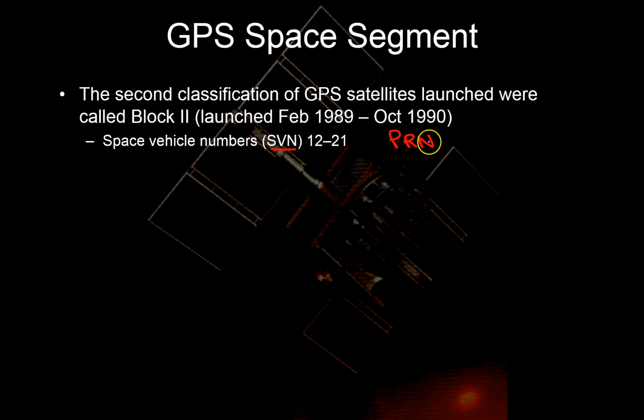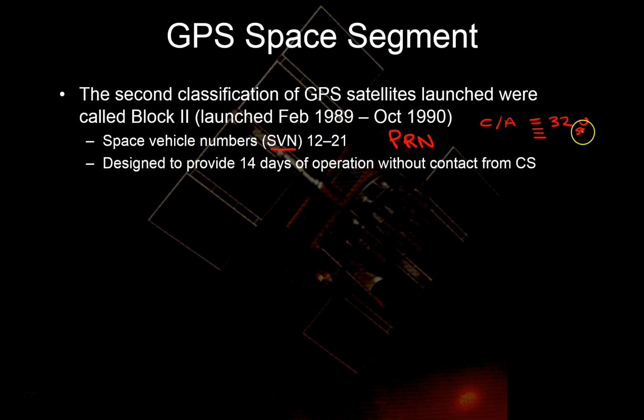Pardon me, let me rephrase that. If we remember, we talked about the CA code. There's only a definitive set, I think 32 usable CA codes. So say in 1986, PRN code number 1 was assigned to satellite vehicle number whatever it was.